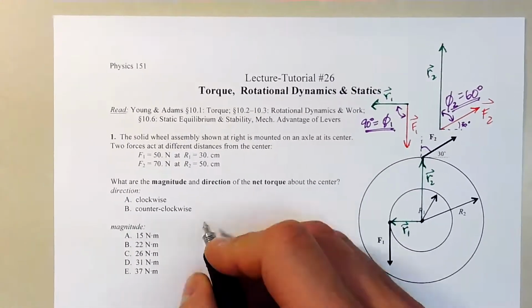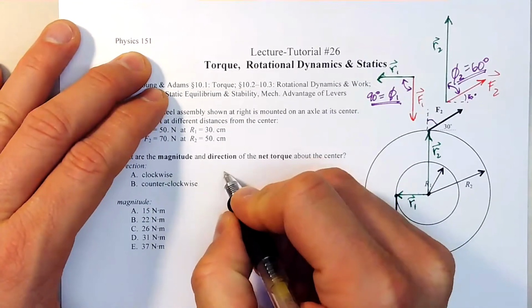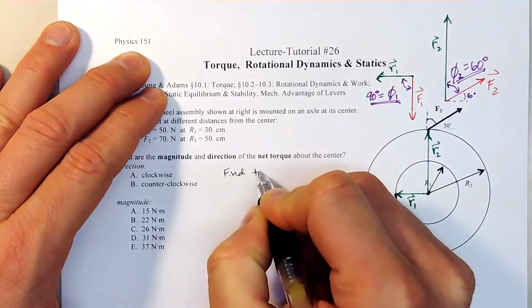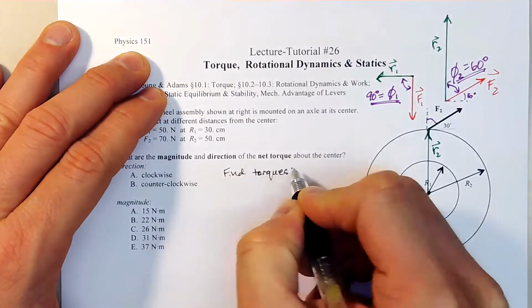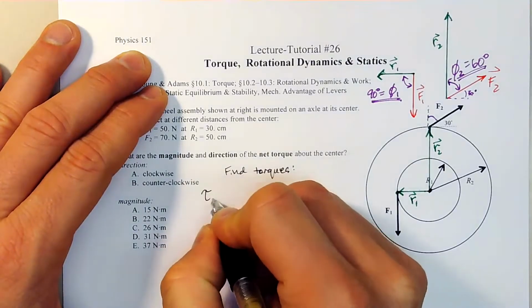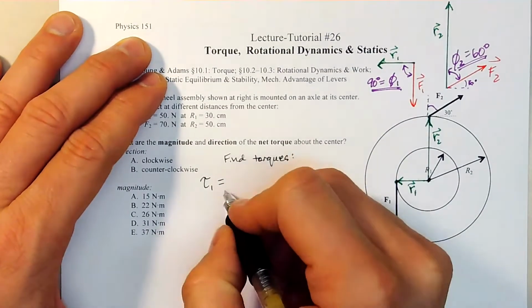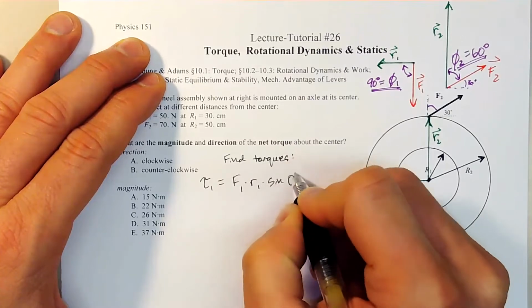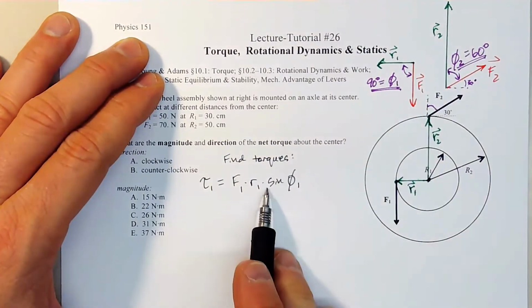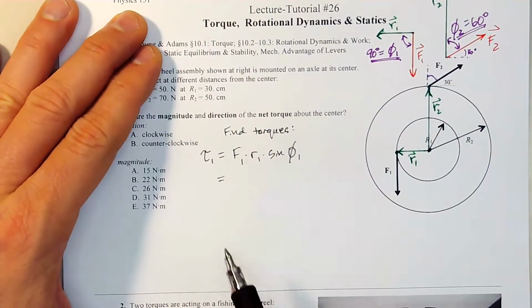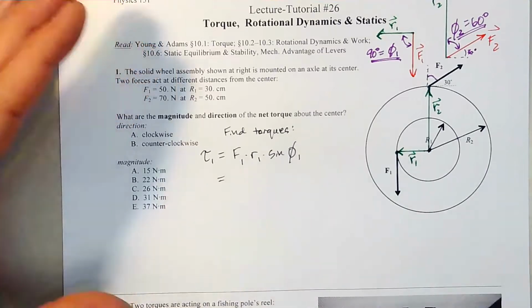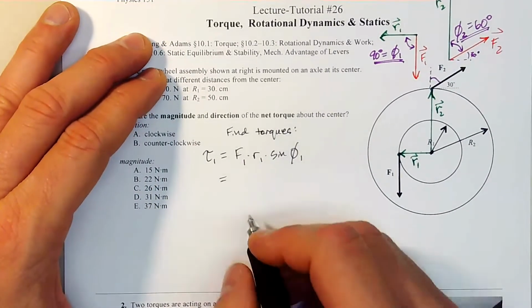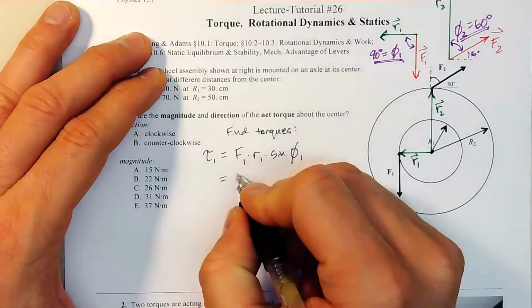So let's do it. Let's calculate the torques, individually first. Torque 1 is going to be equal to F1 times R1 times sine of the angle between the direction of F1 and the direction of R1. By the way, you're welcome to write R1 F1 instead. It doesn't matter. It's just multiplication of the two magnitudes of the two vectors.